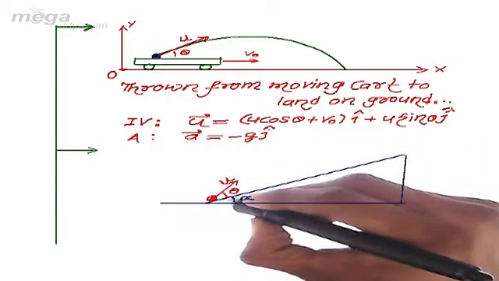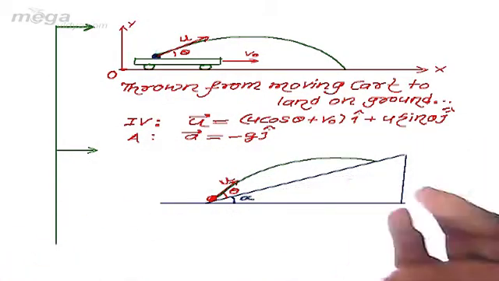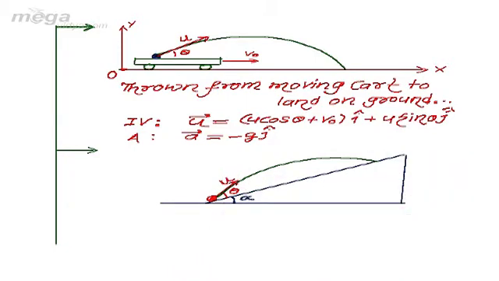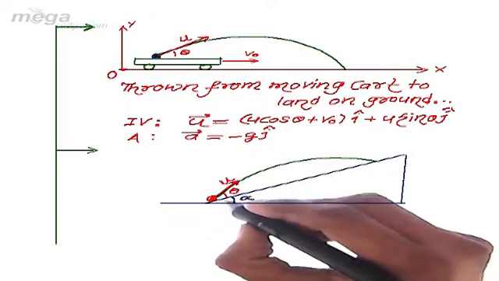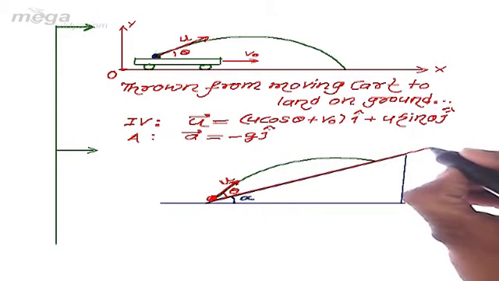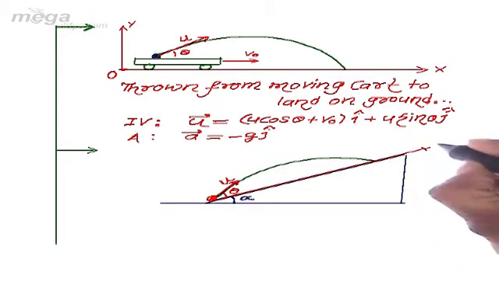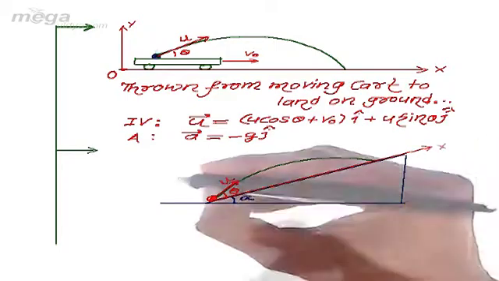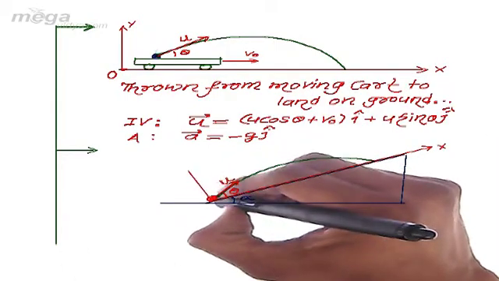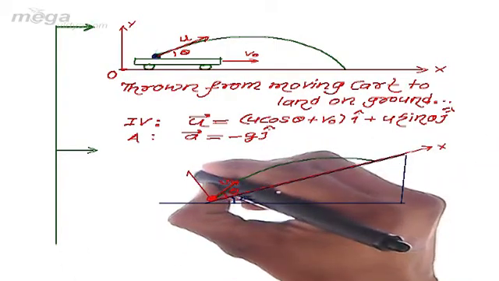The possible path of this projectile may be like this. Now here also we have to consider a reference frame. I would like to suggest a reference frame in which we take the x-axis along the inclined plane and y perpendicular to this inclined plane.